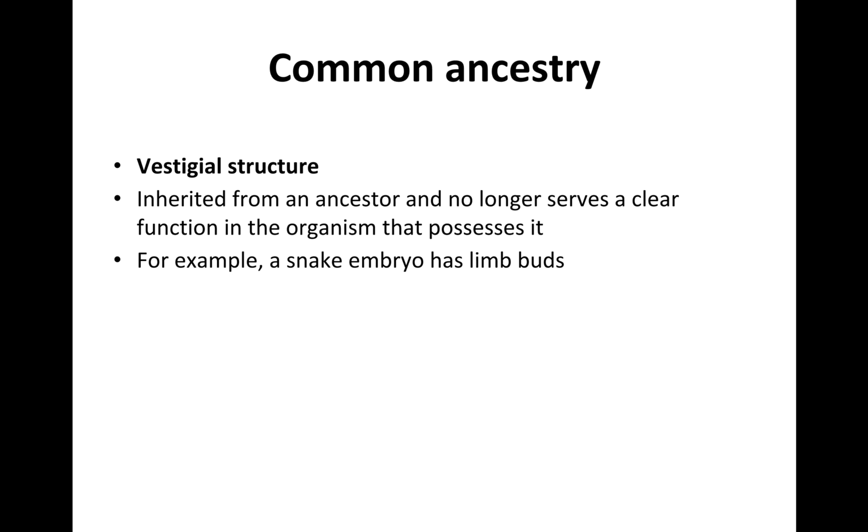However, we know snakes today do not use legs. They slither around the ground without legs and arms, but they have limb buds, which implies that they evolved with legs and arms, but then evolved without them over time.